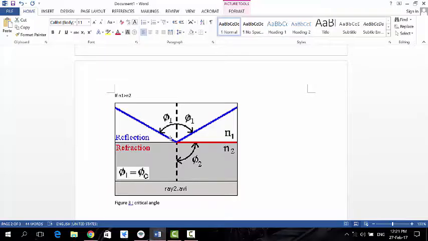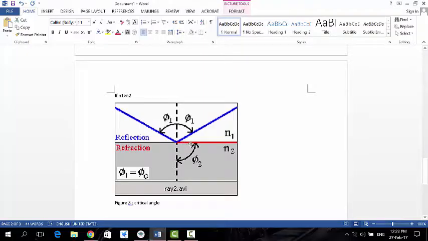At a certain angle of incidence, the refracted wave propagates parallel to the interface. This line is parallel to the interface, and the angle of refraction reaches 90 degrees.